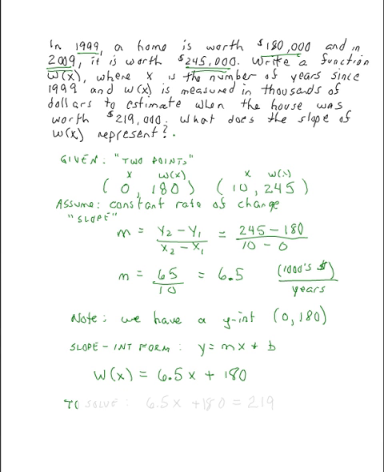We want to solve a problem. I want to know, when is the value of the house $219,000? So what we have is a linear equation. 6.5x plus 180, when is this going to be equal to the $219,000 value? Remember, we're only going to use the 219, because our w was already measured in thousands of dollars.